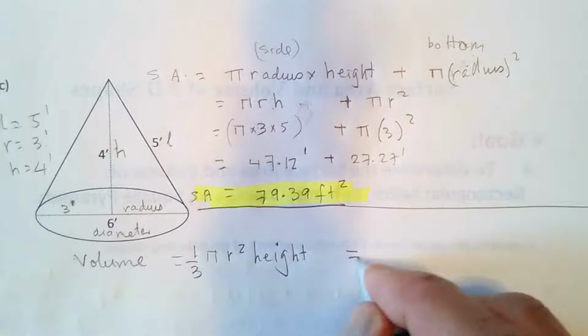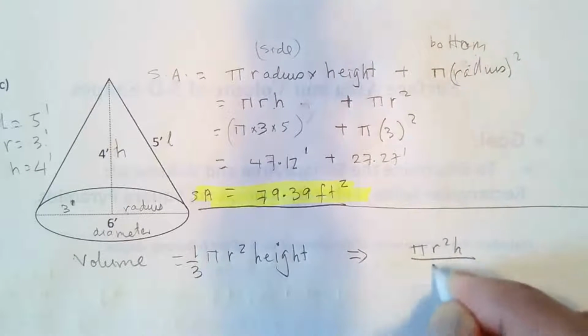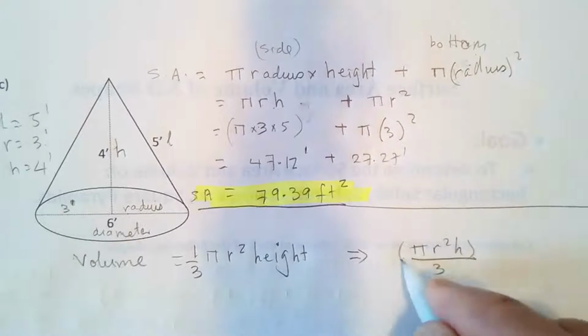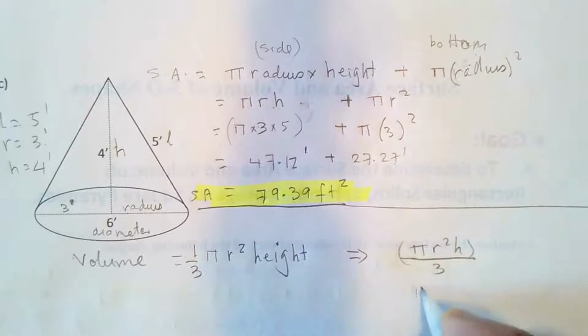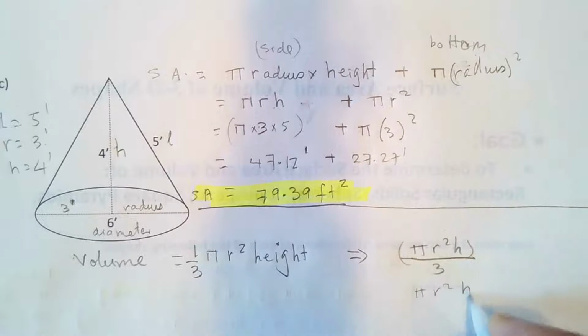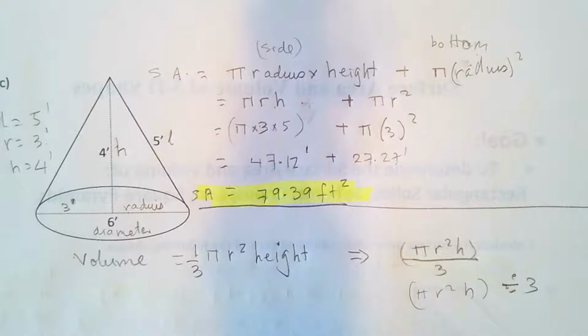You can also write this as pi r squared times h divided by 3. Probably an easier calculation, or pi r squared times height divided by 3 in terms of calculation.